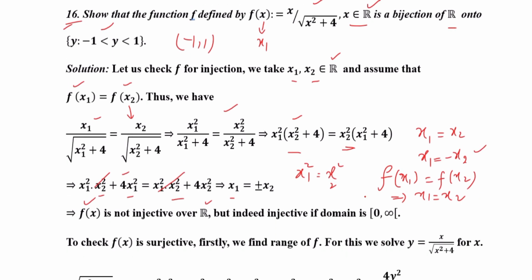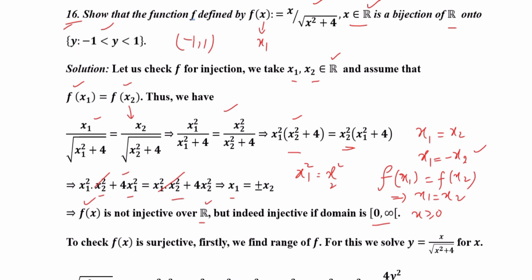This shows that our function f of x is not injective over R. But if we restrict our domain to just non-negative real numbers, then f can be an injective function. So for injection, f should have domain x greater than or equal to 0. In this case, our function f will be an injective function. So this is the mistake in this question.